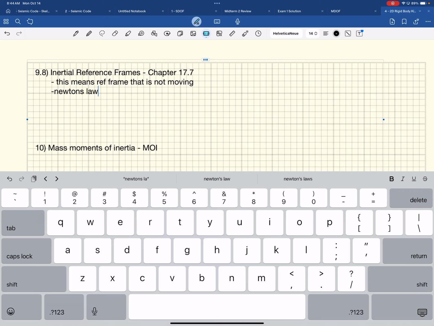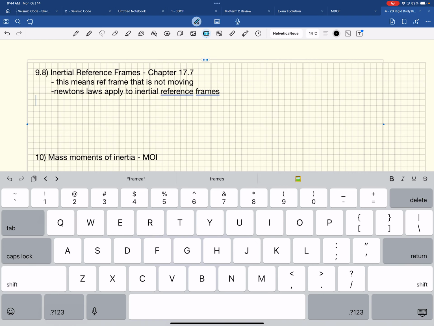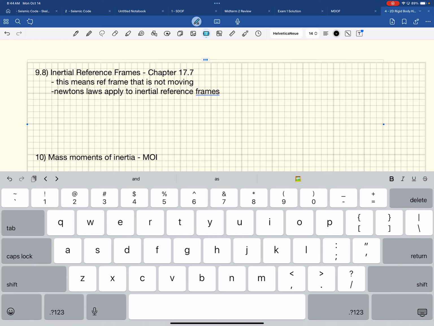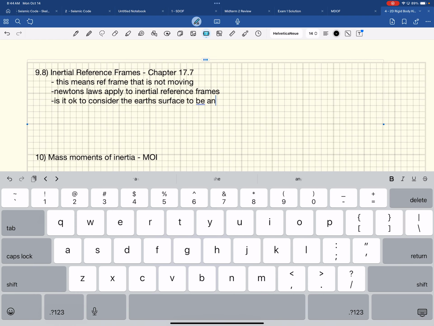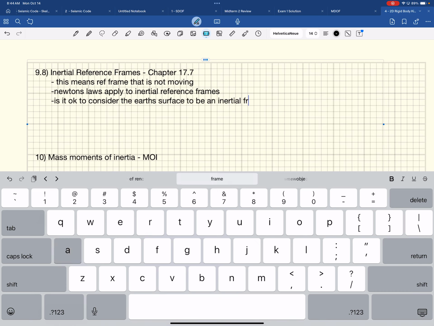Newton's laws apply to inertial frames, right? And then they have a big discussion with numbers behind it. Is it okay to consider the Earth's surface to be an inertial frame?